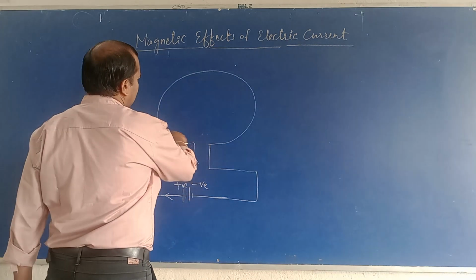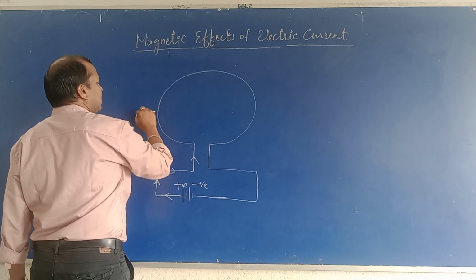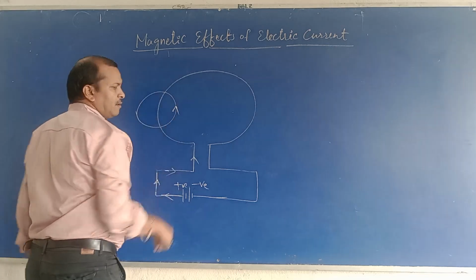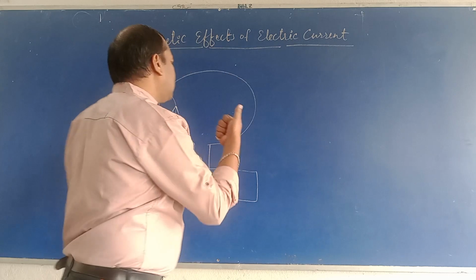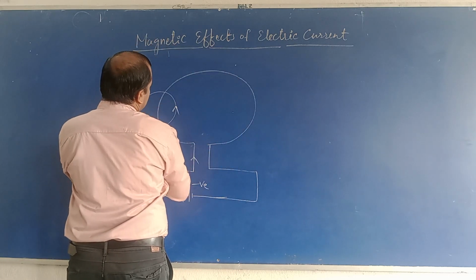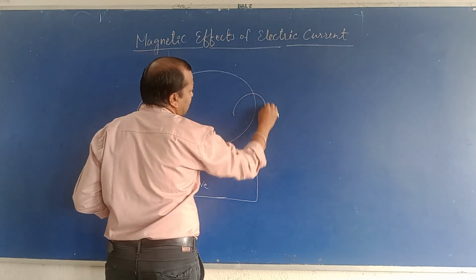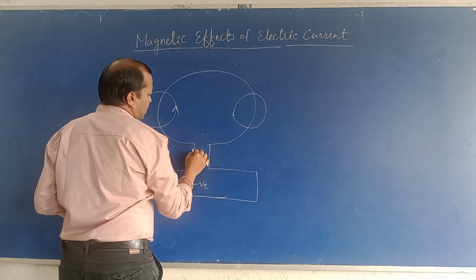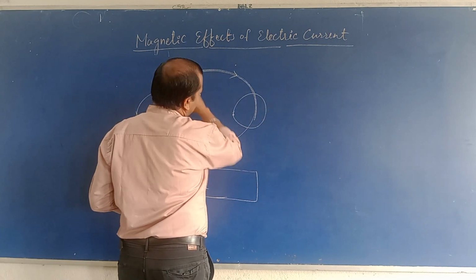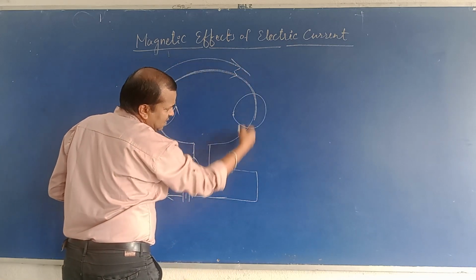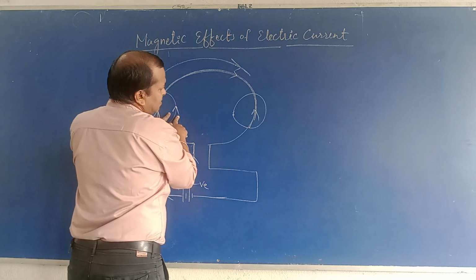Then the current will flow like this, and the magnetic field will be like this. Always put your thumb like this, then you will get the current direction, and magnetism will be around it. In this part the current is flowing upward, so magnetism is this side.